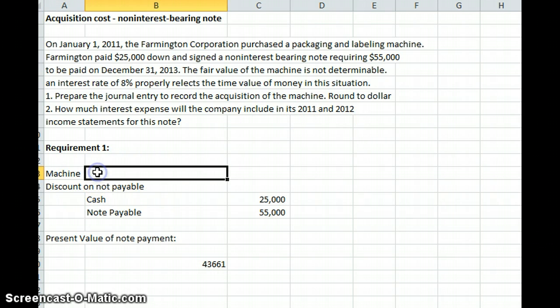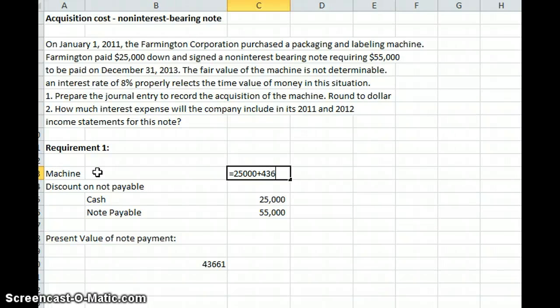And so our value of our machine is going to be equal to our 25,000 cash that we paid, and then we are going to add the value of our note, our 43,661, our discounted present value of the note. So my debit to machine, or the machine value, is going to be 68,661.